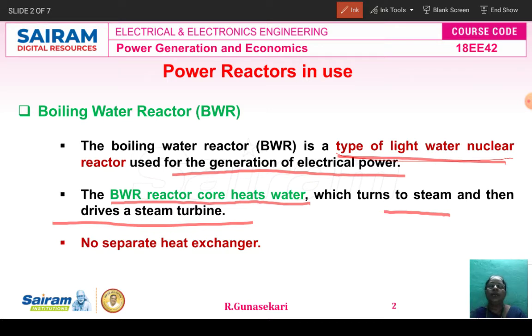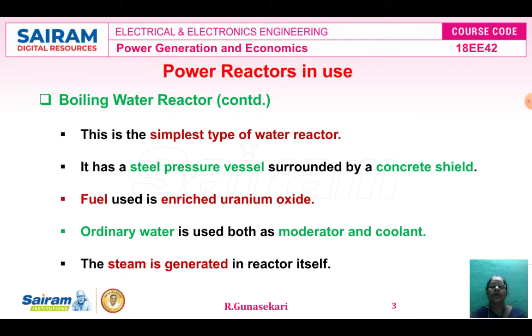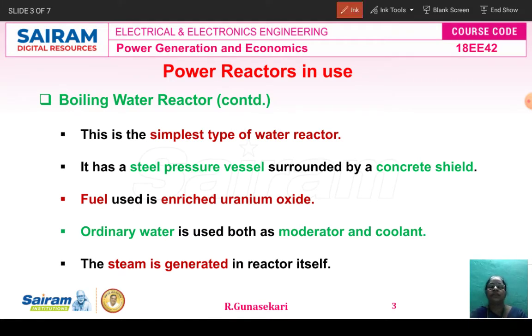In the boiling water reactor, we don't use a heat exchanger. That means no separate heat exchanger is used. It is the simplest type of water reactor used as a power reactor in common use.